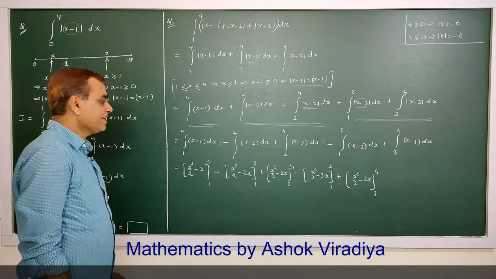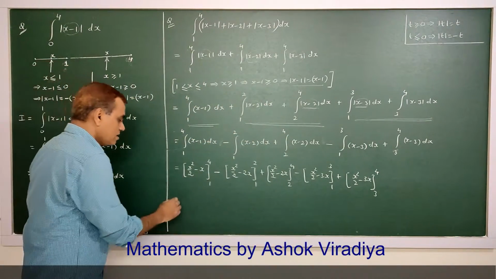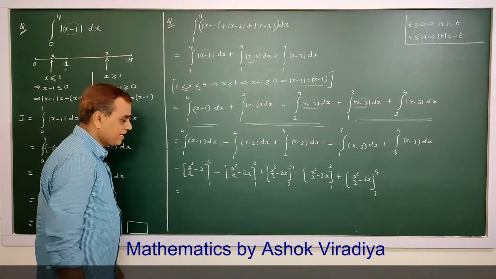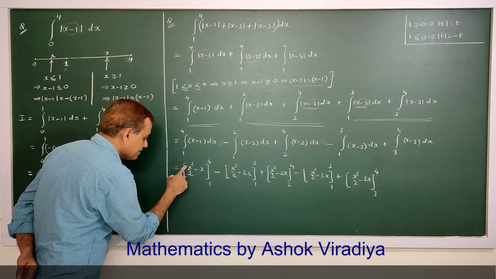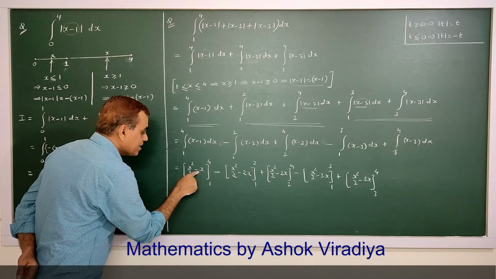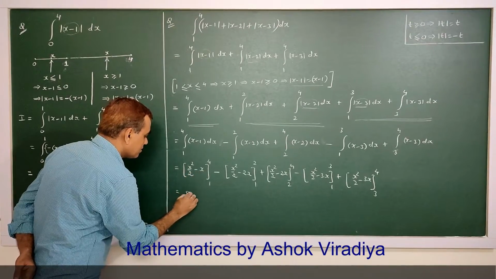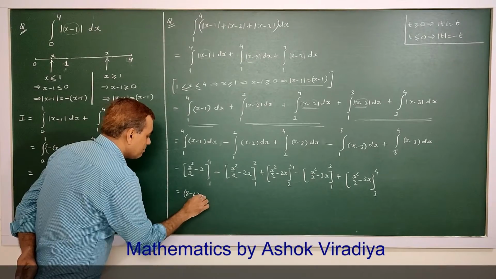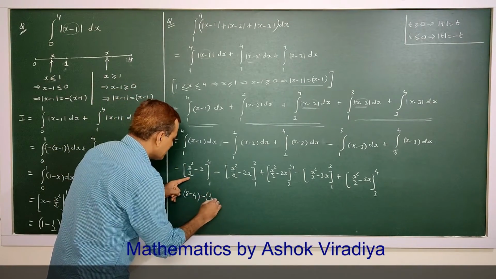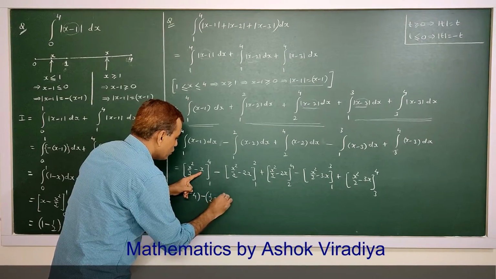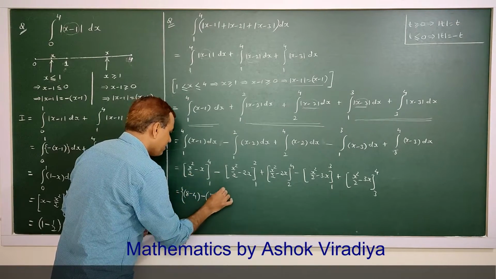So putting all integrals, and now upper limit minus lower limit. Putting this 4 here, 4 square 16 by 2 is 8, 8 minus 4, minus, now I am putting 1 by 2 minus 1. So this is the value of the first term.